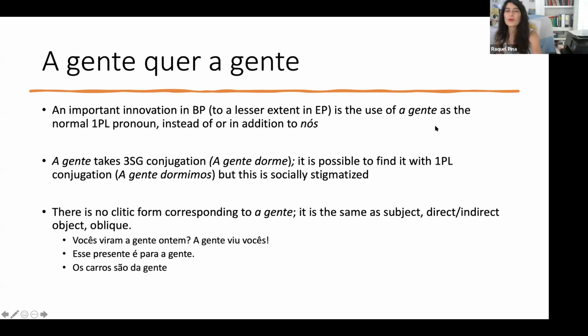Yes, Scott, another question, maybe the hateful question, the why question in classes. Is there any reason that you have detected for this shift to a gente? It sounds to me like la gente in Spanish, in Argentina, has become very common, especially because of the political shift, like o povo by a gente, you know, like el pueblo versus la gente.